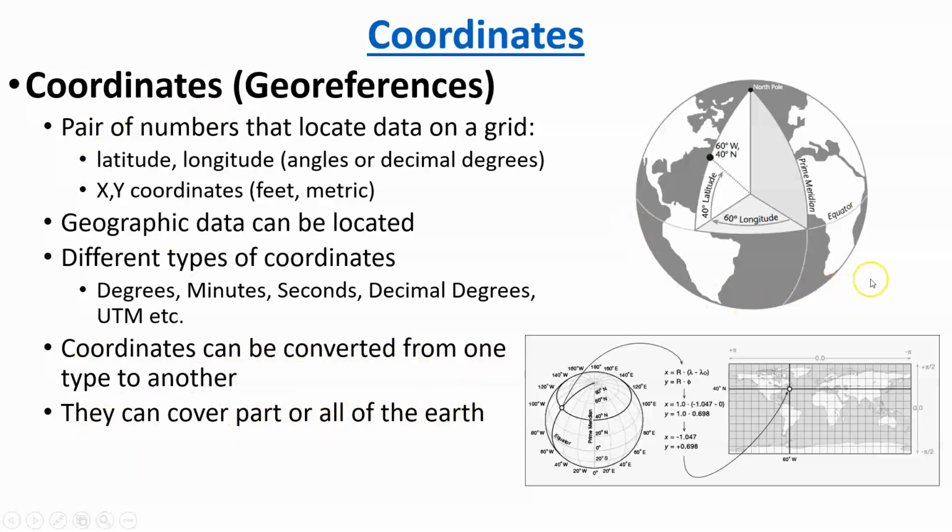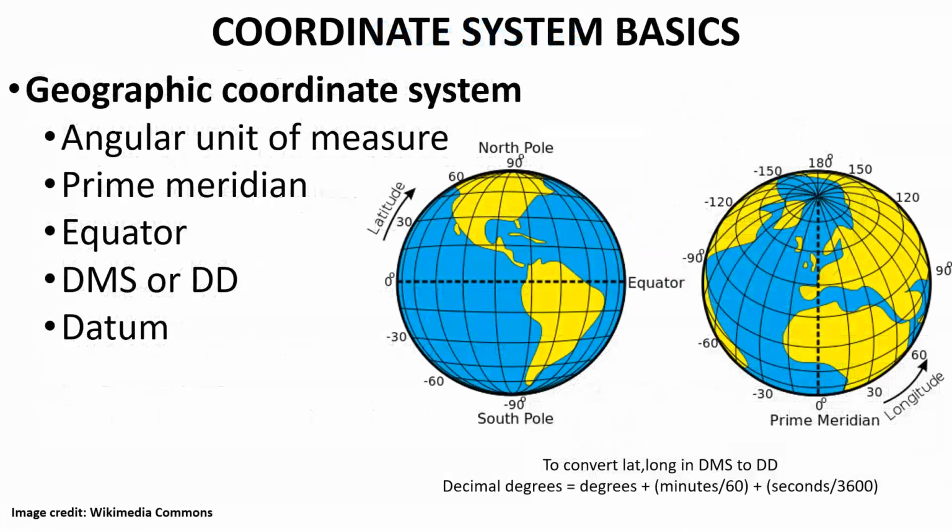So one of the advantages of designing this system of georeferencing is that we can have a coordinate for all of the Earth. So the more common one, as I mentioned, is the angular unit that is derived from a prime meridian along 0 degrees of longitude. And we also have the equator, where we derive our latitude points.